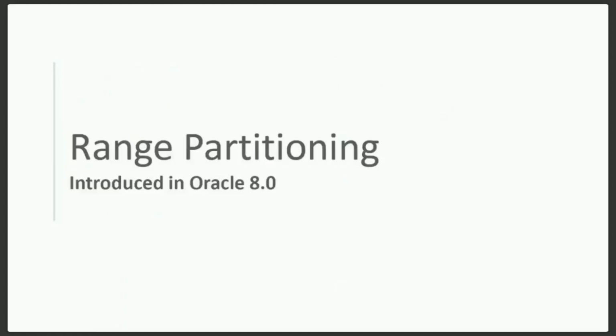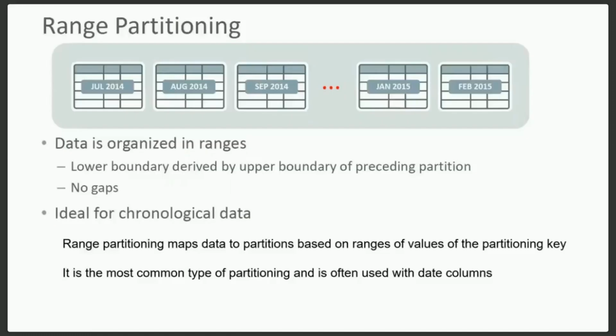So let's start at the very beginning. Oracle 8 was when range partitioning was first introduced, and range partitioning is basically just organizing data into ranges. In this case, we have data organized into partitions based on, say, a month. So you have data for July 2014 in one partition, and data for September 2014 in another partition.